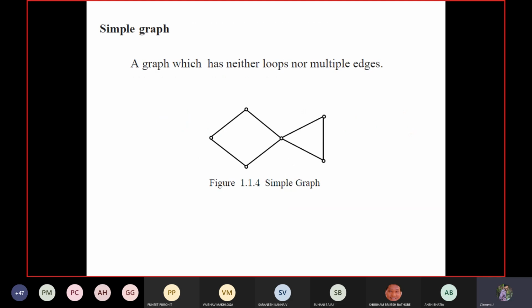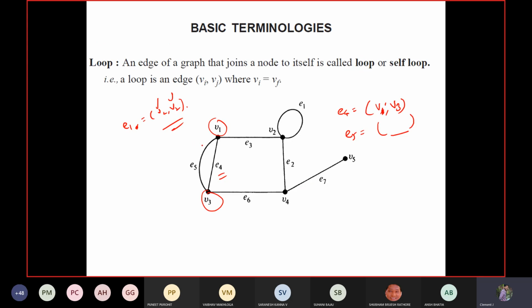Now, what is the definition of a simple graph? A simple graph is nothing but a graph that should not have loops or multiple edges. If, unfortunately, one vertex has a loop, then I should not call this graph a simple graph. So I'll repeat the definition: the graph which has neither loops nor multiple edges. You can see the previous one.